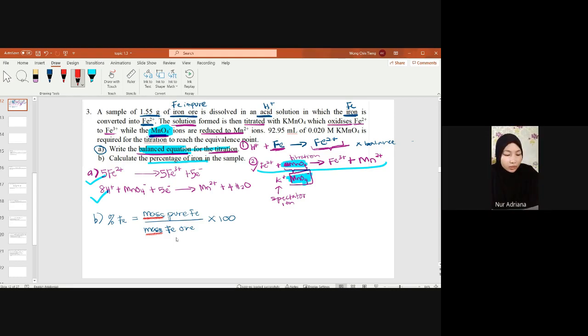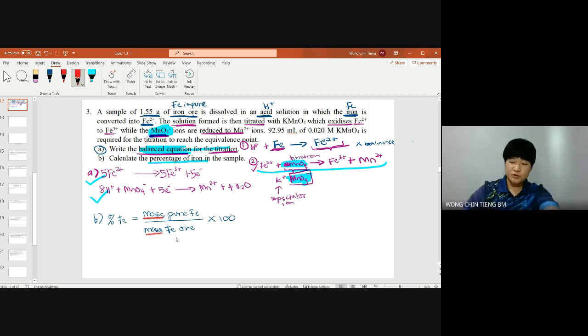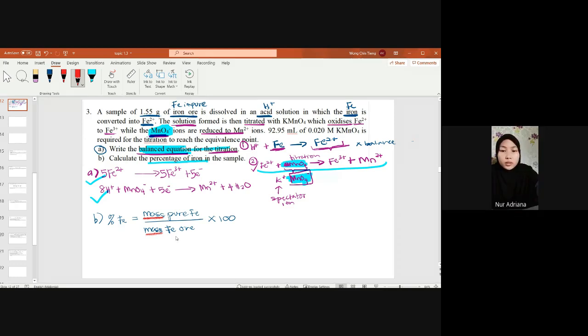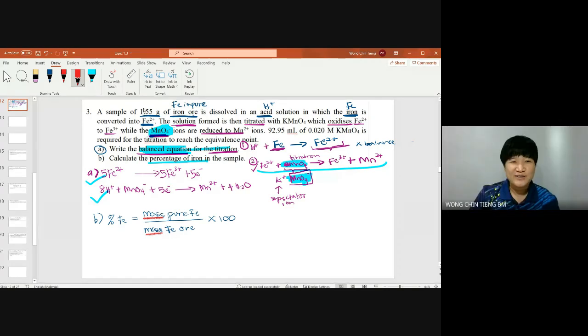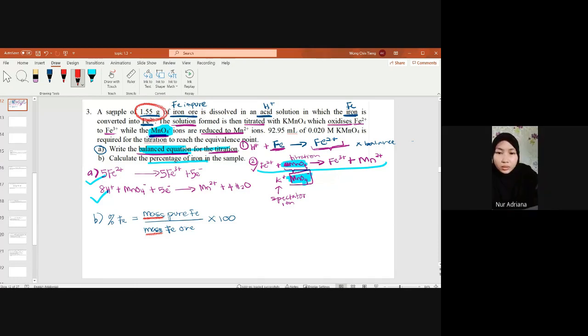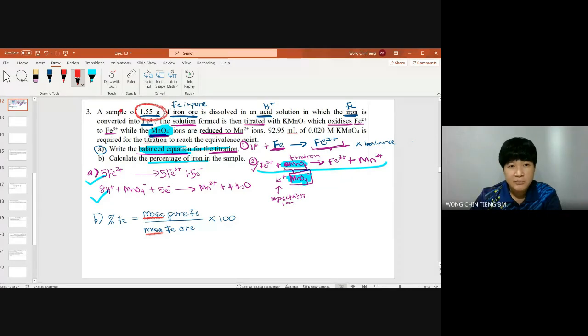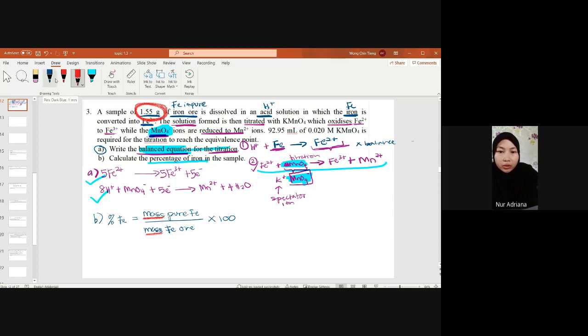Sebab dia bagi jisim dalam iron tu. Alright, so jisim yang dia bagi dalam ni tak boleh tukar number of mole kah? Oh, yang tu dia bukan ferron je. Dia campur.